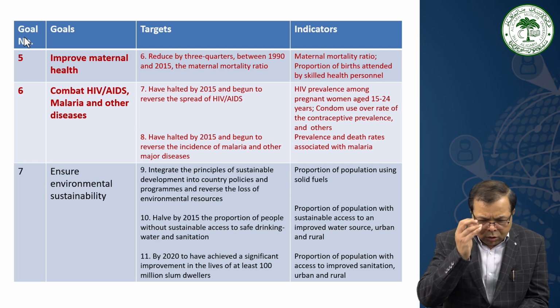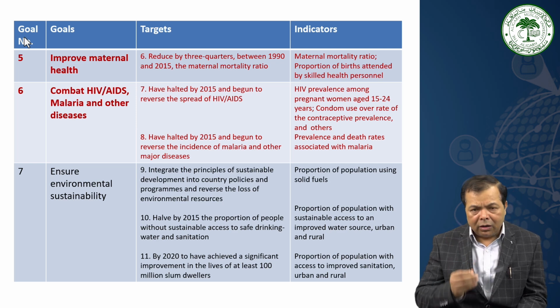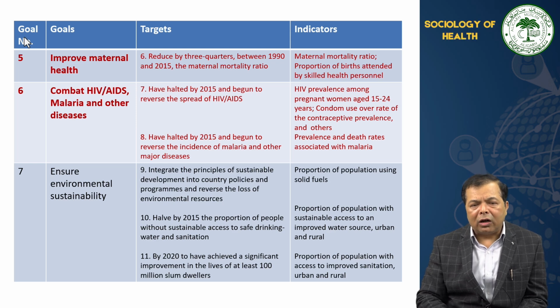Then it talks about combating HIV/AIDS, malaria, and other diseases, right? We just talked about the onslaught of HIV/AIDS, and we stated how this played an important role in the articulation of the Millennium Development Goals. But was that the only problem that humanity was witnessing? The answer is no, it was not the only health problem. There were other health problems too.